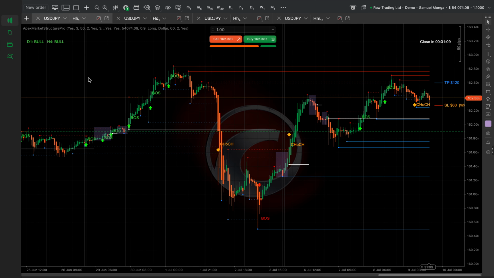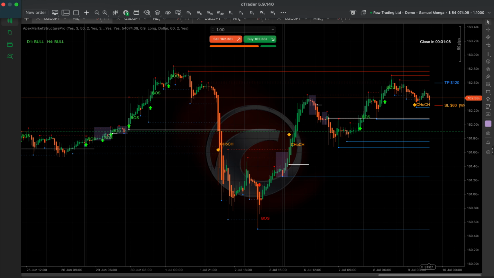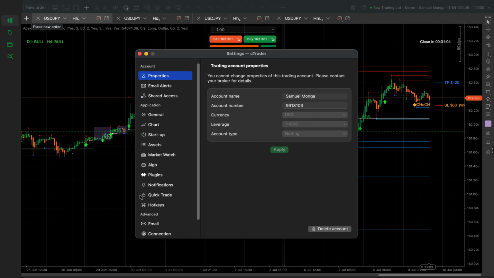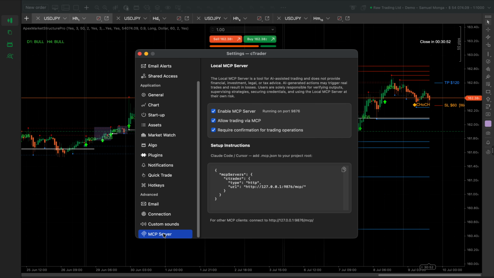So as you know, if you go to cTrader, then you go to settings. Down below, cTrader has added something very important, which is an MCP server, which means if you click here, you're going to allow your cTrader to work with an artificial intelligence. In our case here, we do have the Claude code example.